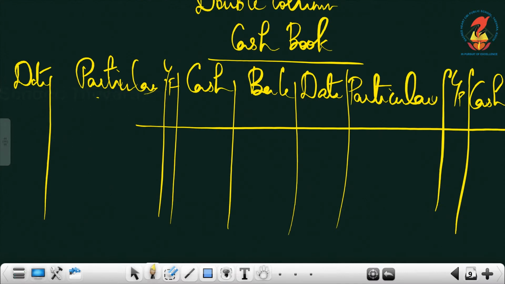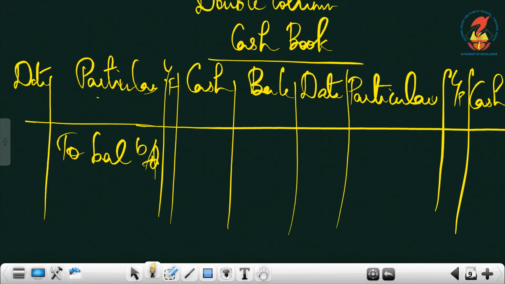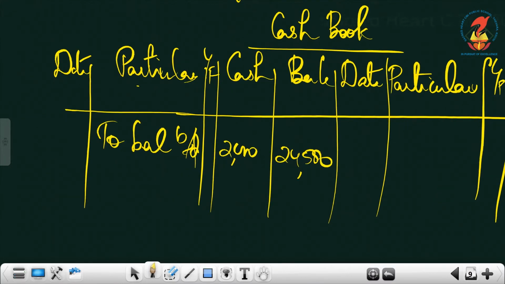So, we will start with the opening balance on the debit side. You write to balance brought down. All these are familiar to you now. 2024 500, and the date is April 1st, 2020.